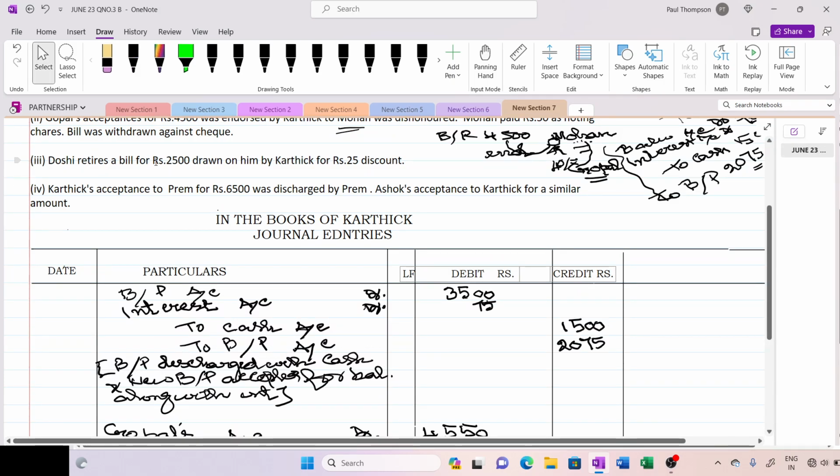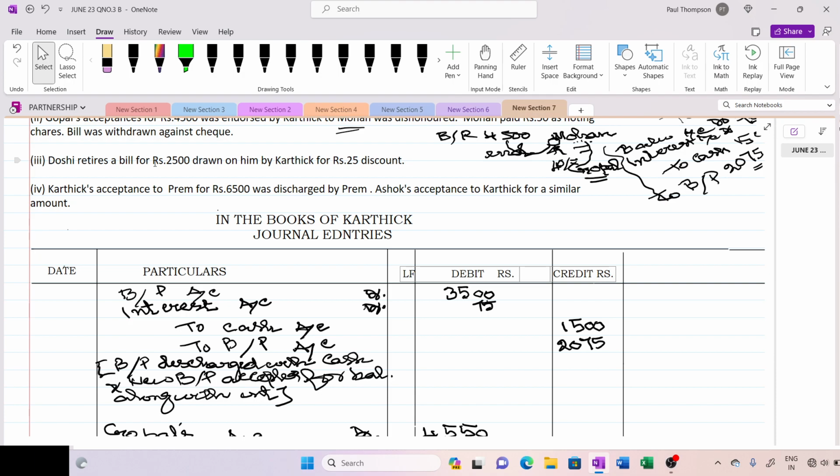Doshi retires a bill. He retires a bill means he is making the payment. He is discharging the bill earlier before his due date so that he is entitled for a discount. So he is retiring a bill of 2500 drawn on him by Karthik for rupees 25 discount.